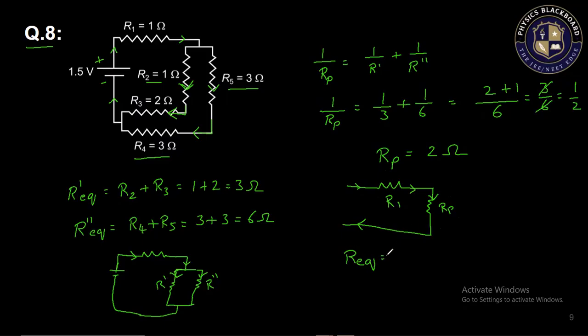So R equivalent is finally R1 plus RP. That is the equivalent resistance of R dash and R double dash when they are in parallel connection. R1 value is 1. So RP can be taken as 2. So finally what you will get? 3 ohms. So what is the equivalent resistance? 3 ohms is the equivalent resistance.